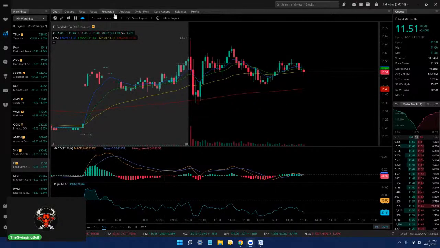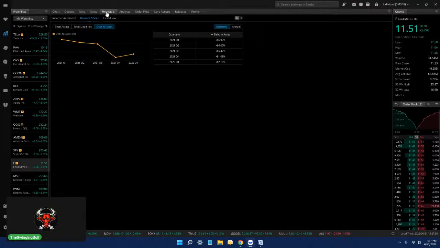Another good place to look would be the financial section on Webull. Okay, so this is going to give us a debt to asset ratio, and then you can look at total assets. So for example, Q1 of 2022, Ford Motor Company had 252 billion in assets, which is fantastic.